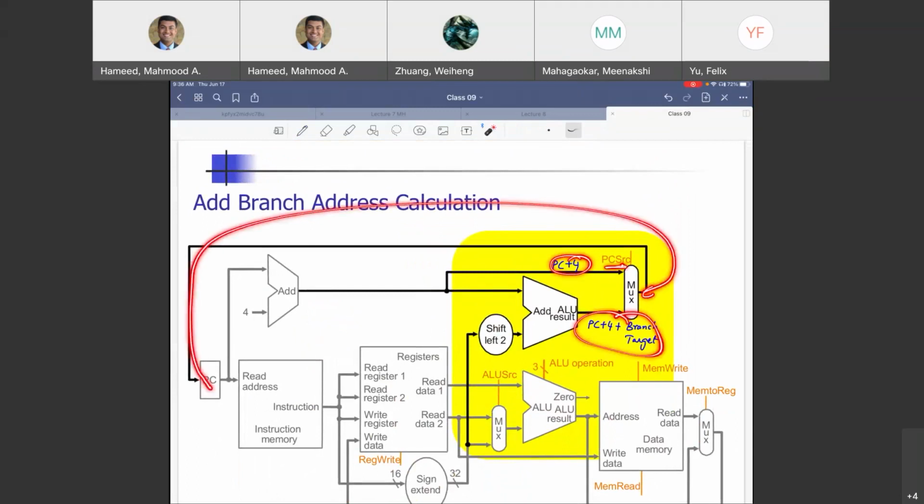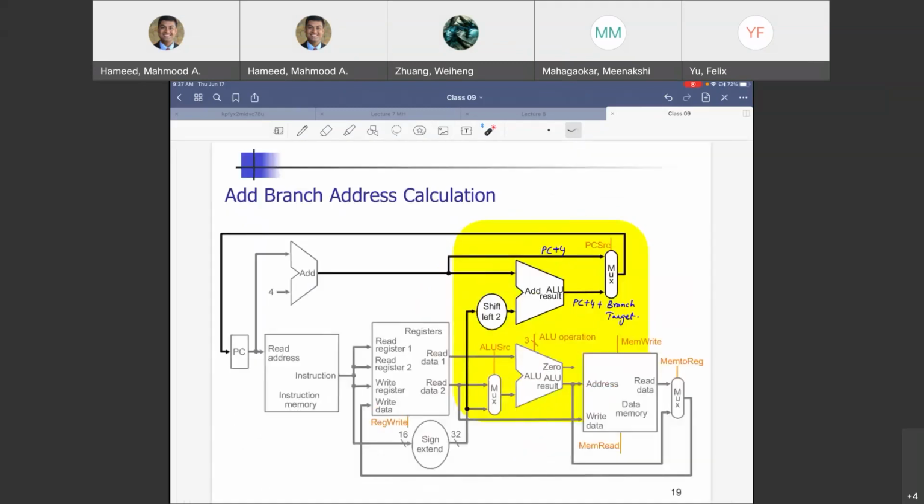Again, PC source comes from decoding of your opcode bits. PC plus 4, sequential. PC plus 4 plus branch target for branching. Again, in the next lecture, we'll add jump to this as well. Everything else is as is, just the highlighted part in yellow. That's what we have added on, the branch address calculation.